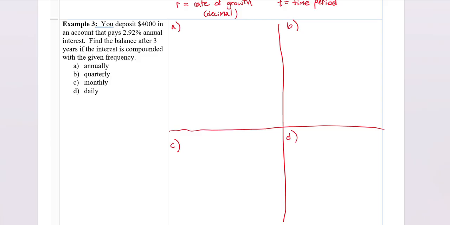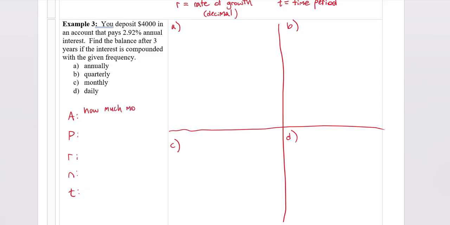So let's define our variables over here. So we have a capital A, we have a capital P, we have an R, we have an N, we have a T. So for A, our final amount, well, that's going to be how much money we have at the end of our time period.